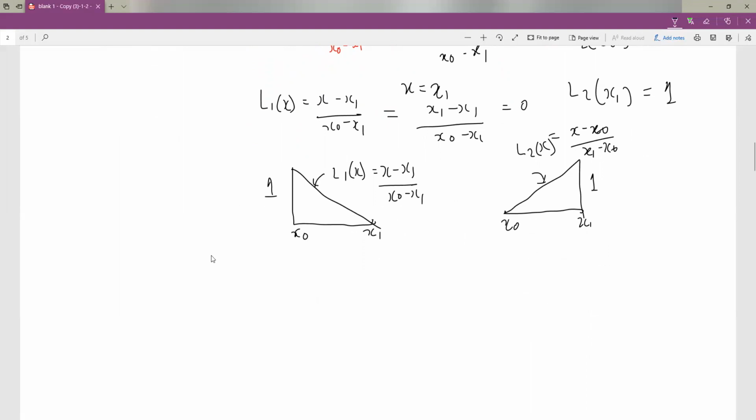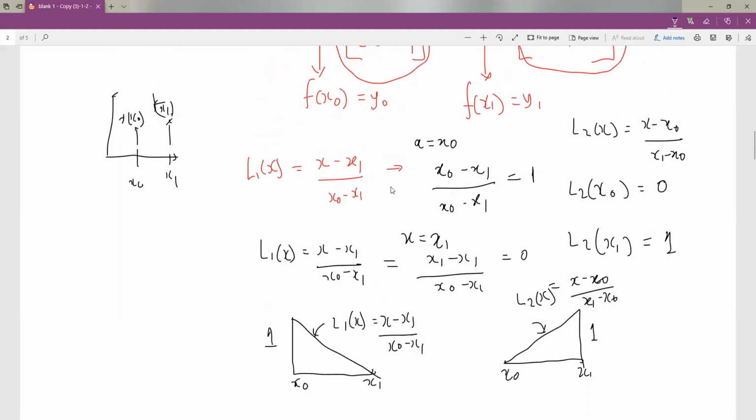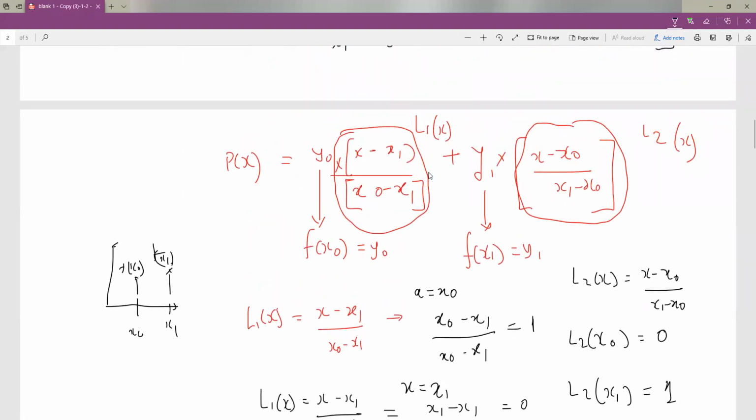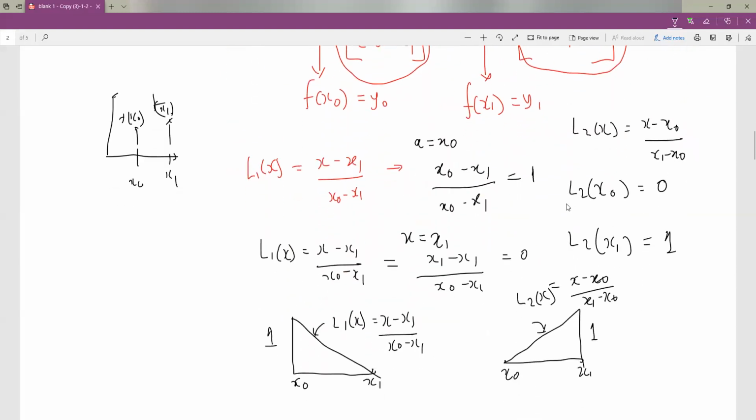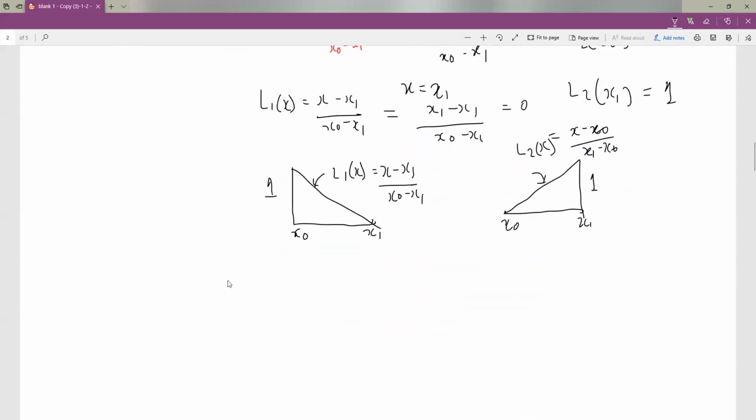Now we have seen that we are going to get y0 and L1(x), y1 and then L2(x), and L1 and L2 are actually nothing but the weighing coefficients.